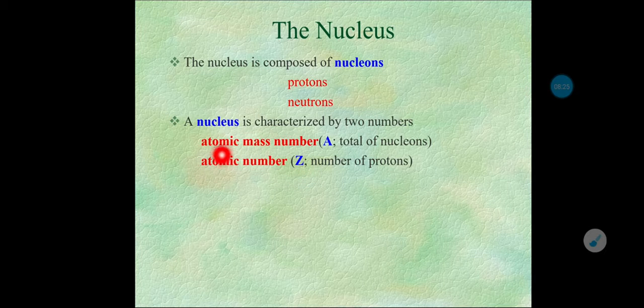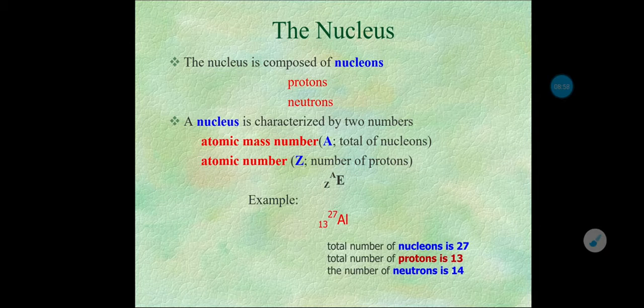What is atomic number? The number of protons present in the nucleus is called the atomic number. Any chemical element is represented by the symbol E, with the atomic mass at the top of the symbol and the atomic number at the base.